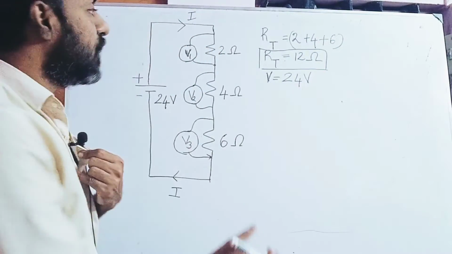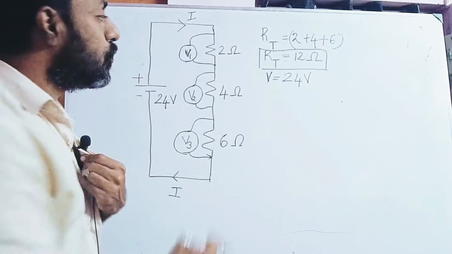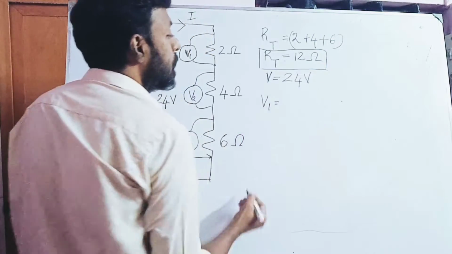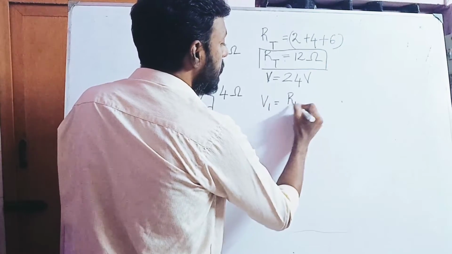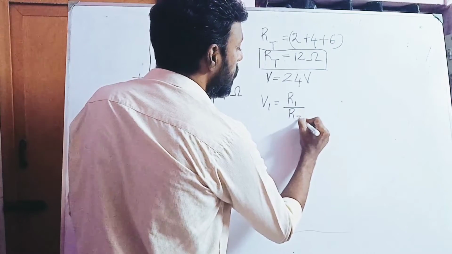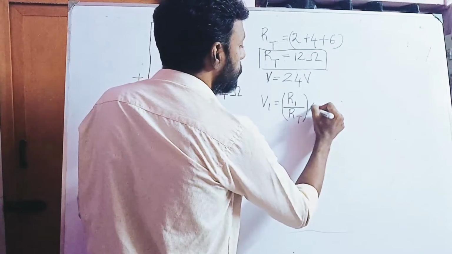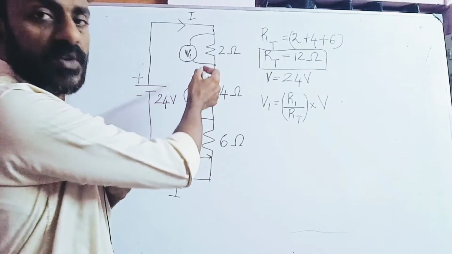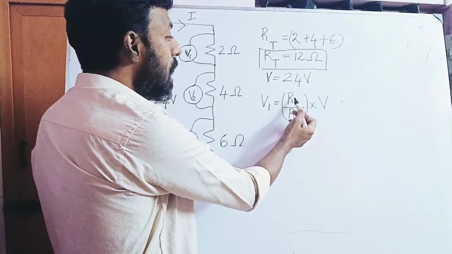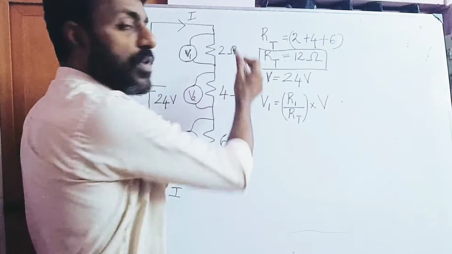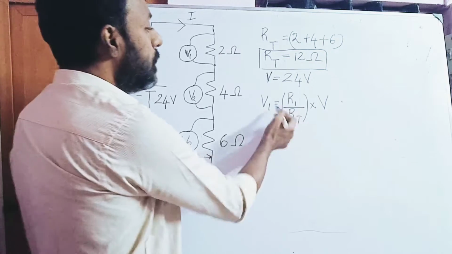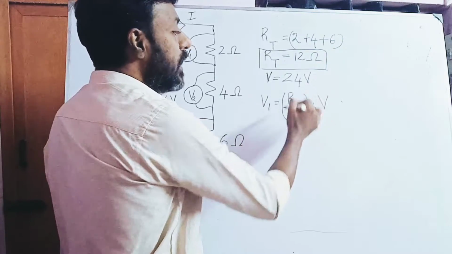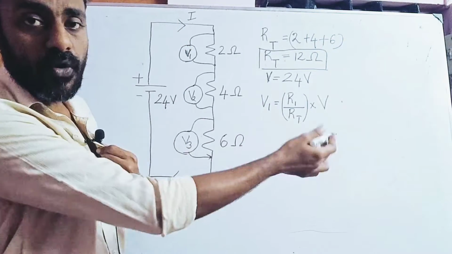Now how do we find V1? The formula is V1 equals R1 divided by RT, into V. In order to find the voltage developed across the first resistor, we take R1, the value of the first resistor, divided by the total resistance RT, and multiply the result with the battery voltage of 24 volts.